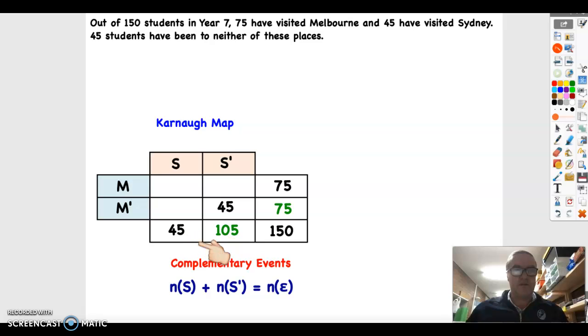This 45 plus this 105 must go together to give us what we call the sample space. And that's a representation of that fact in this equation here. Likewise, if I've got 75 students who have been to Melbourne, I must have 75 students to make up the 150 who have not been to Melbourne.